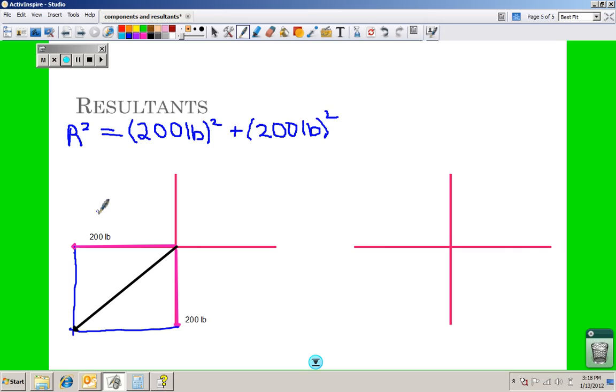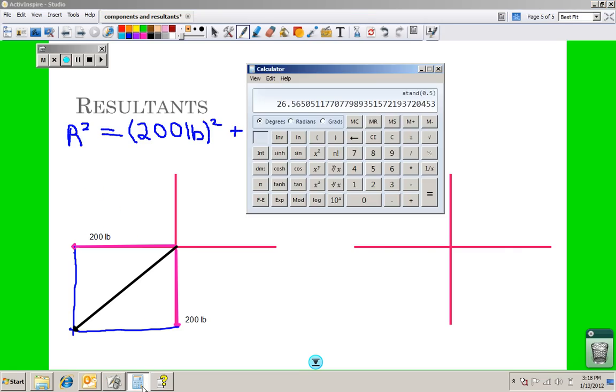Okay, and to get R, I'm just going to take the square root of that. So if we do 200 squared plus 200 squared equals, okay, so we have 80,000, and now we want to take the square root of that. Alright, so R is going to be our 282.